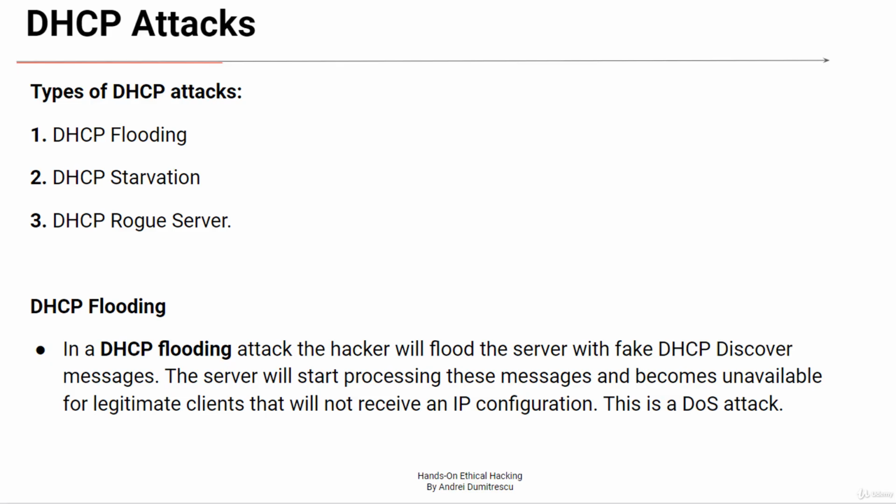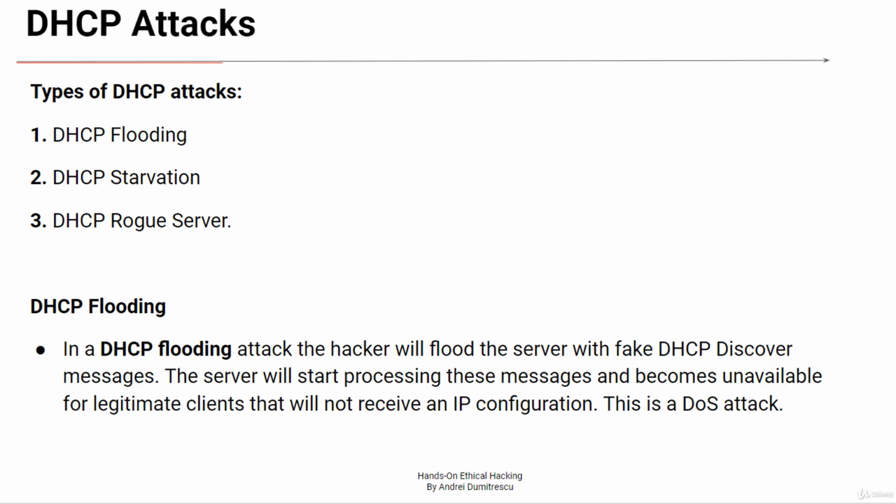Now that you know in detail how DHCP works, let's go ahead and take a look at the attacks on DHCP. Note that the attacks could happen due to lack of any authentication mechanism between DHCP server and DHCP clients. There are mainly the following types of attacks: DHCP flooding, DHCP starvation, and DHCP rogue server.